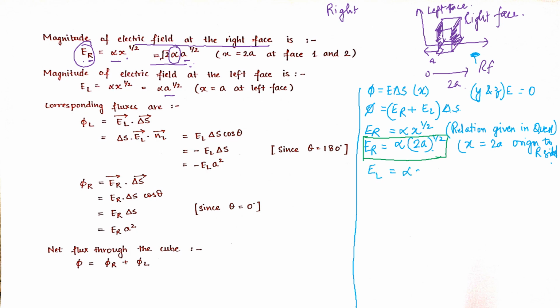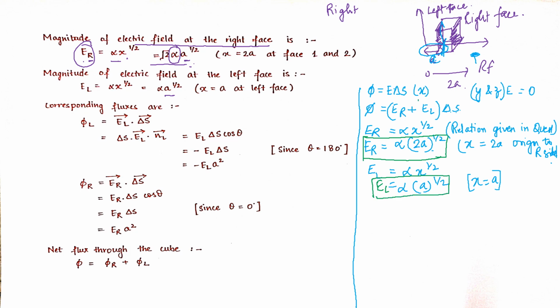It will be again alpha into x to the power 1 by 2. Alpha will remain alpha, and here x equals a, because the distance from the origin to our left side is a only. So this is our second equation, E left. We will keep it in a box.